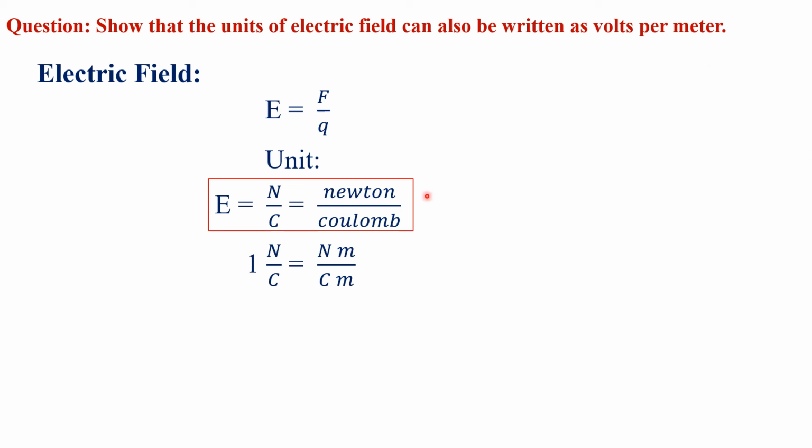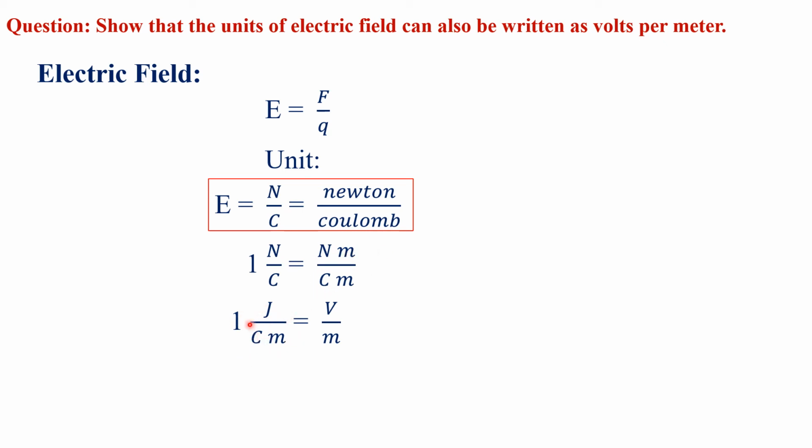From this unit Newton per Coulomb we can derive the unit volts per meter. We can multiply and divide by meter, and we get 1 Newton per Coulomb equals Newton meter divided by Coulomb meter. Newton meter is equal to joules. So we put joules and get 1 Newton meter per Coulomb meter equals 1 joule per Coulomb meter.